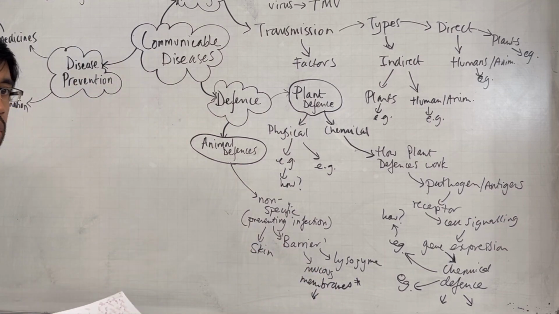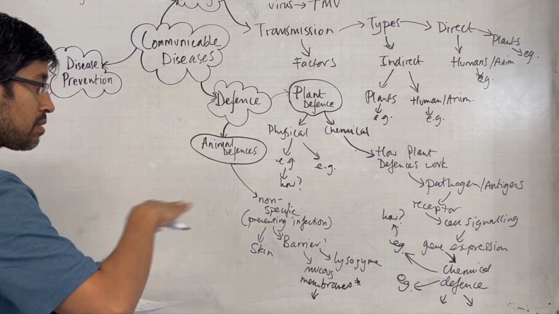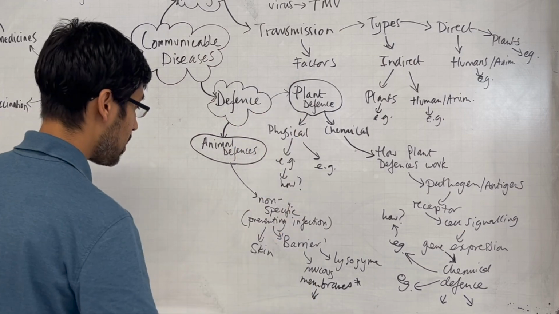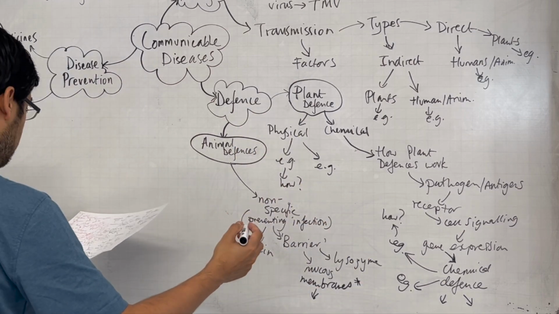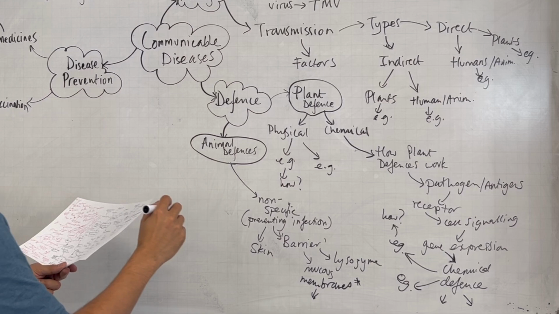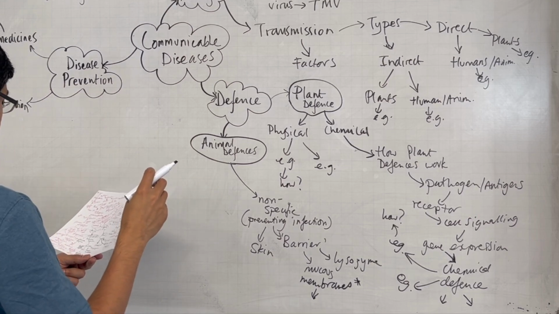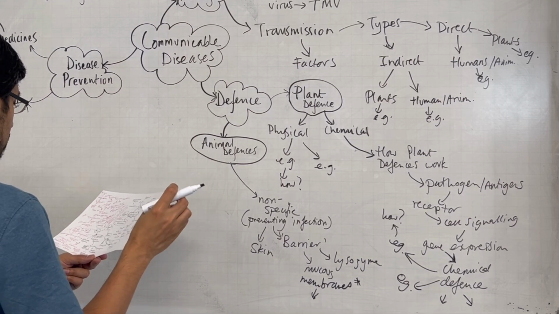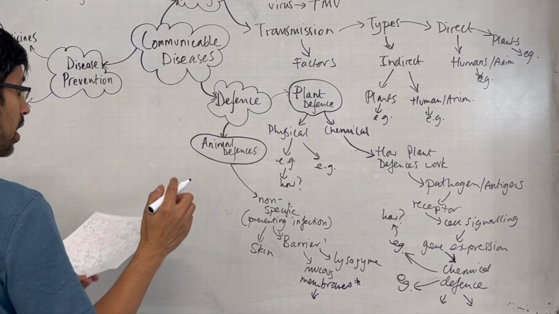Physical barrier, dead cells, many layers, thick, preventing the entry of pathogens, and then that takes us to, why did I remove blood clotting? Oh, right, skin.